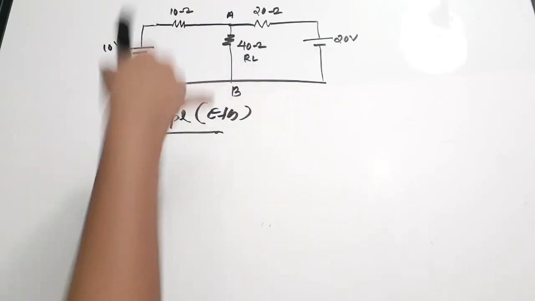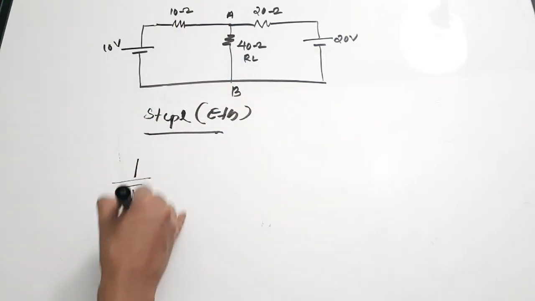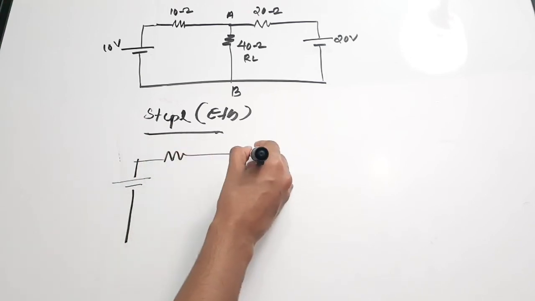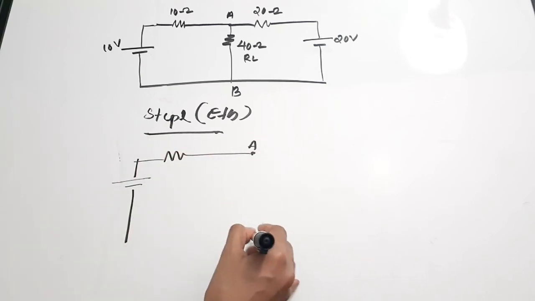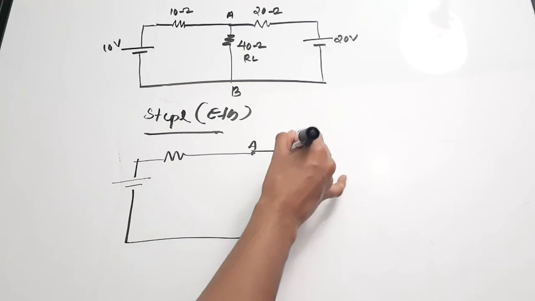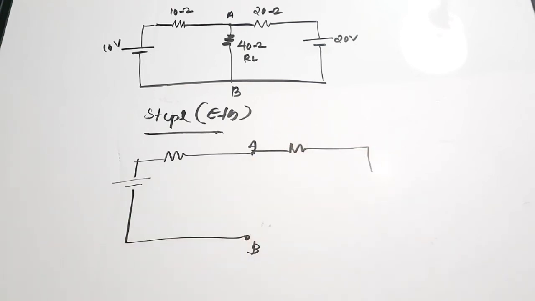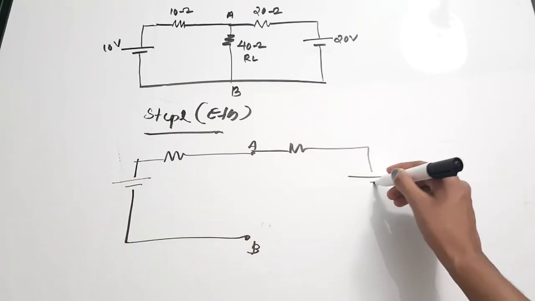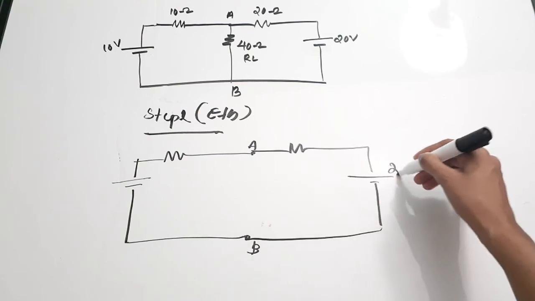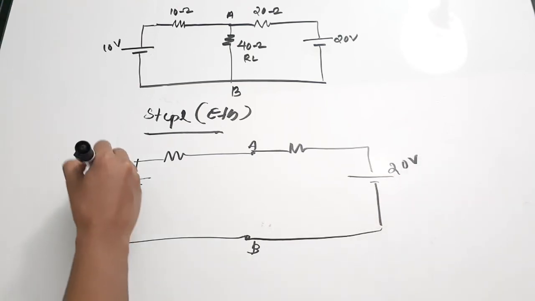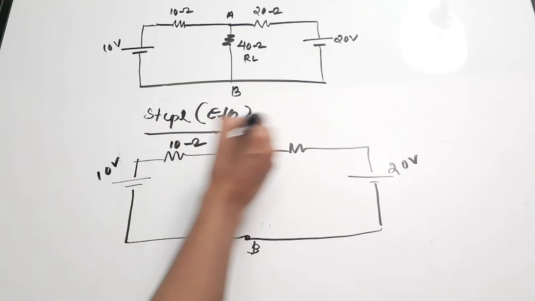I'm going to draw back the circuit, keeping the voltage sources the same. There is a 10 ohm here, there is A and B here, and again there is a 20 ohm, and also there is a 20 volt here, 10 volt, 10 ohm and 20 ohm.